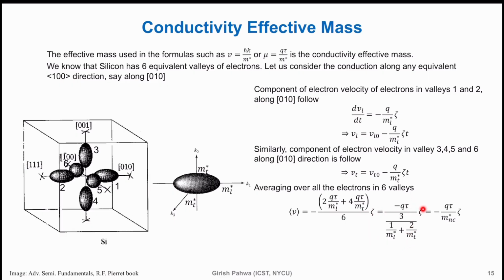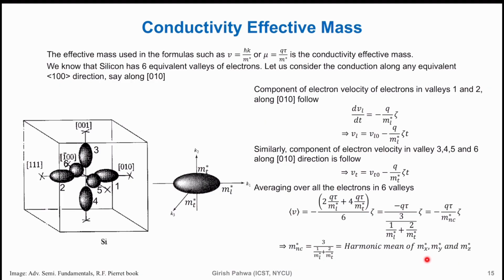And what is the equivalent velocity? I told you I just want to use one formula, and that formula is q tau by m star nc times the electric field. Here nc means the conductivity effective mass of the n-type, n stands for electron. So what will be my m star nc? It will be this thing. This becomes the harmonic mean of mx star, my star, and mz star. How do you take a harmonic mean?